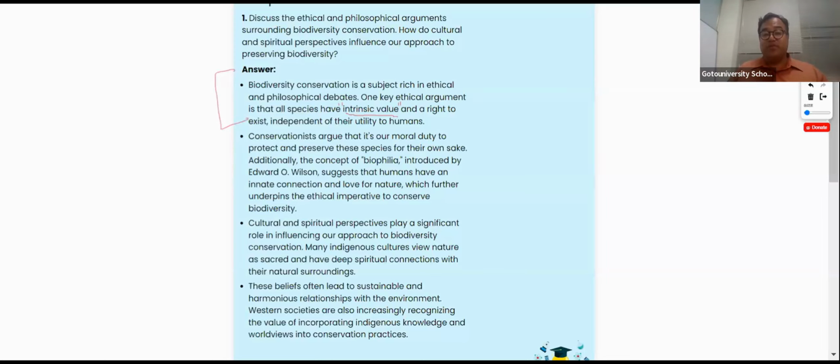Now the next point is, Wilson suggested that humans have an innate connection and love for nature, which further underpins the ethical imperative to conserve biodiversity, right? You know very well the conservation cost is very, very high. Human-made conservation to bring back species diversity, we are observing in the case of Arcata.